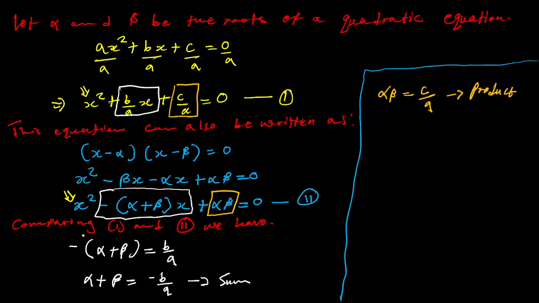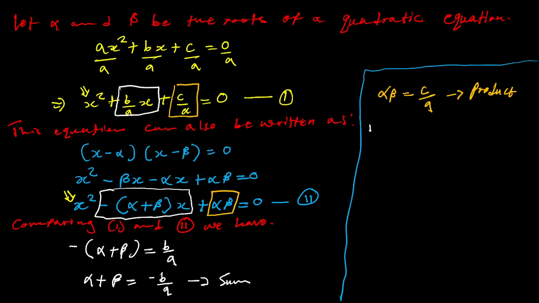From here, you can also come up with another narration, which is trying to find the quadratic equation where you have alpha and beta.